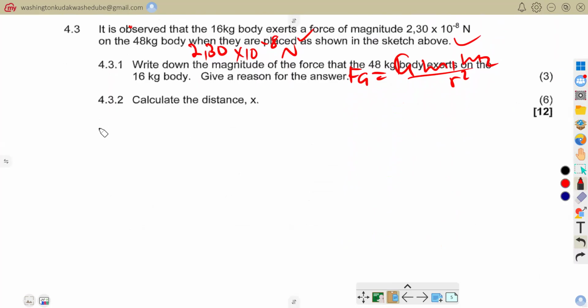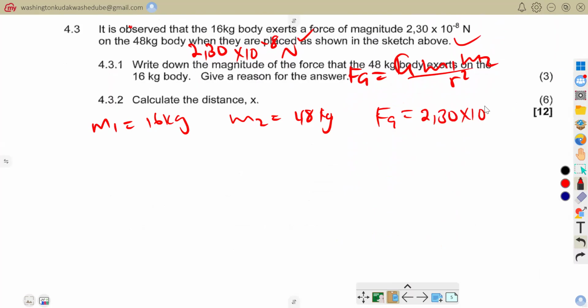We are told that M1 is equal to 16 kg, M2 is equal to 48 kg, and the gravitational force is equal to 2.30 times 10 to the power minus 8 newtons. And we know that G from our data sheets is 6.67 times 10 to the power negative 11.